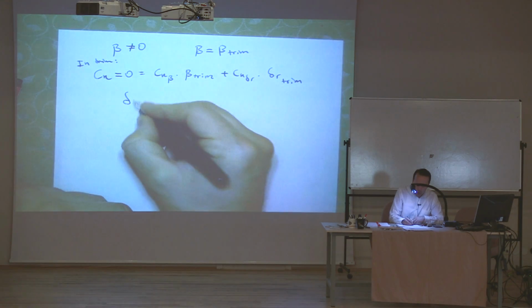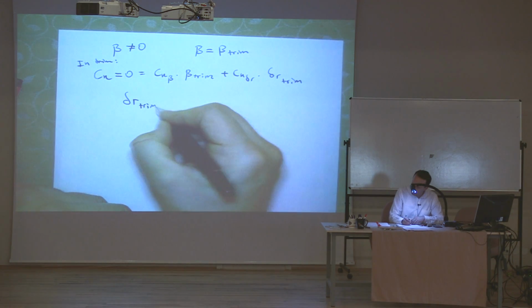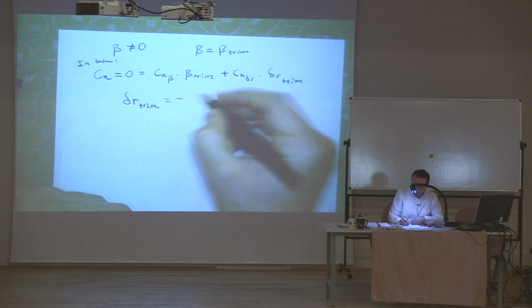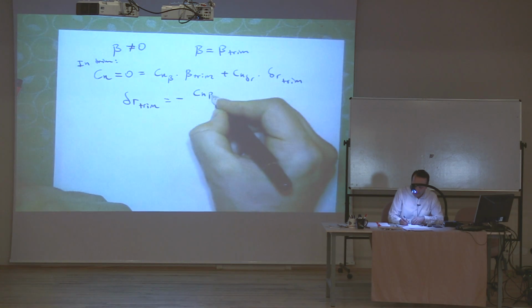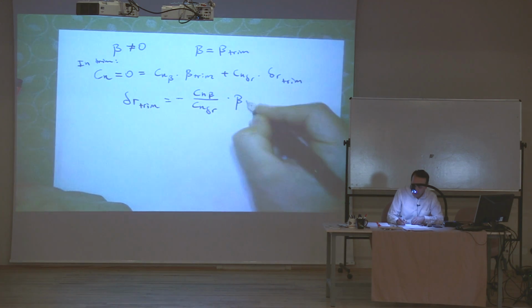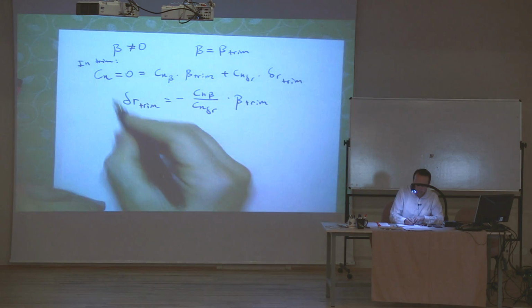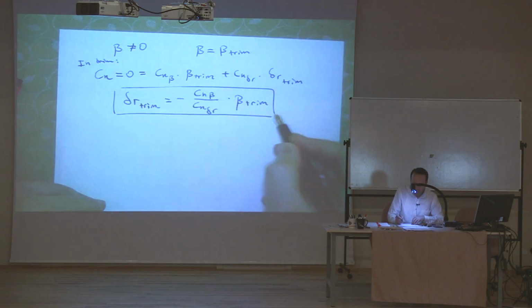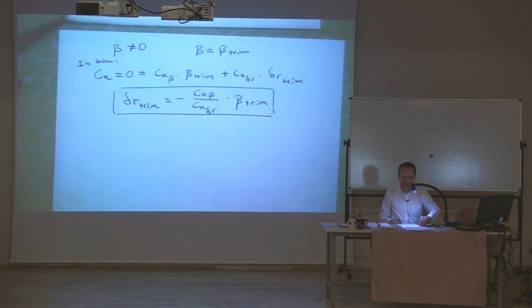Now this is something I can calculate. Delta r trim, so this is the pilot input, is equal to minus Cn beta divided by Cn del r times beta trim. You see? It all comes from this thing here.